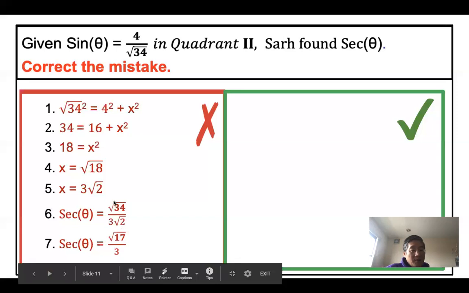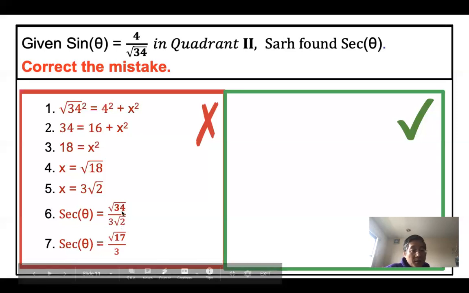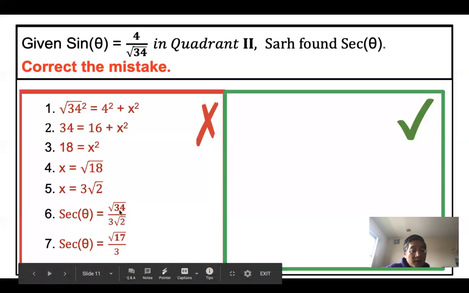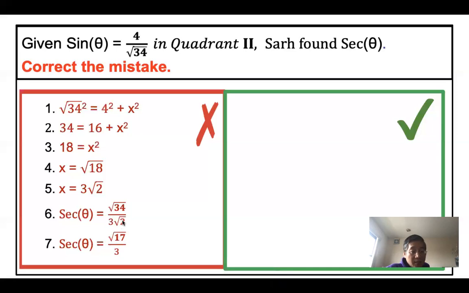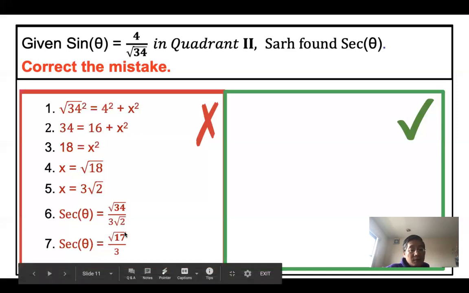And then this and this, can you simplify? Yes, square root of 34 divided by square root of 2. If you have both of them as square roots, you can simplify each other. So 34 divided by 2 is 17, right? So square root of 17 is here, and the square root of 2 is gone. So 1 left. Square root of 1 is 1. So 1 times 3 is 3.